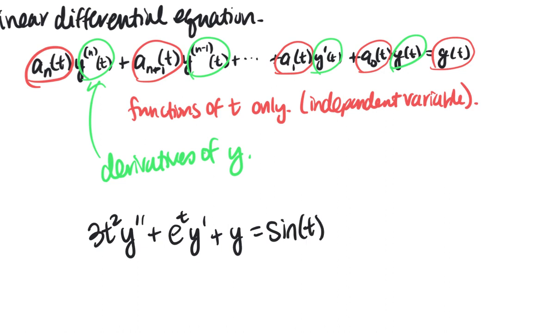Okay, and so what I will notice here is I'm going to circle in red these coefficients, right? Those all need to be functions of t. So those are all functions of t. And then these guys here are just my derivatives of y.